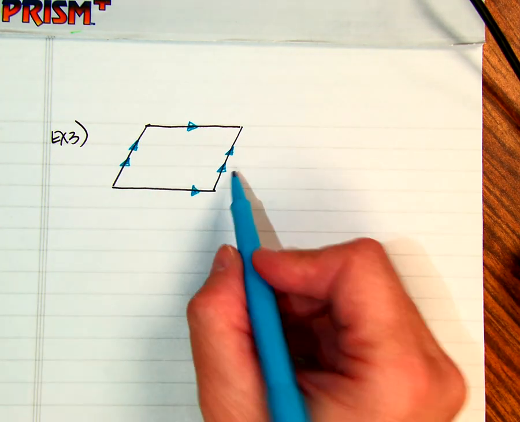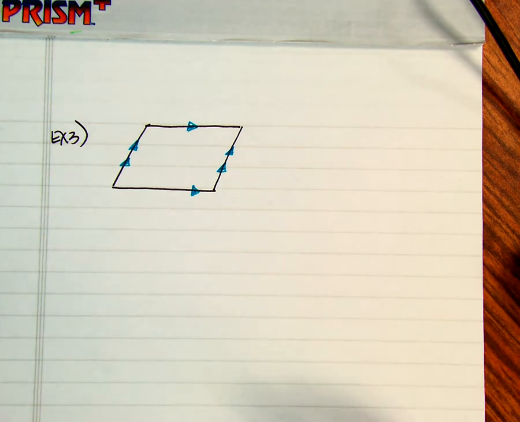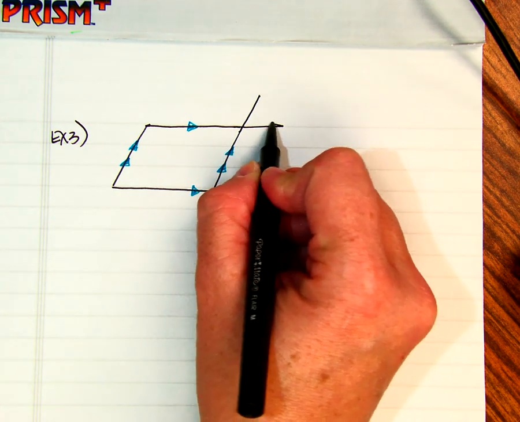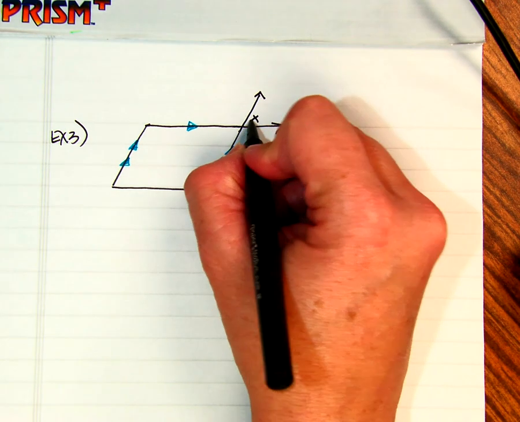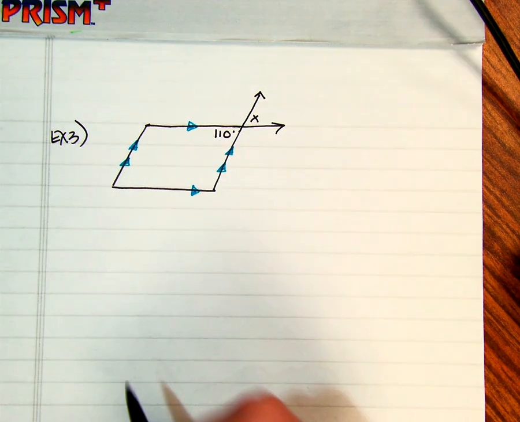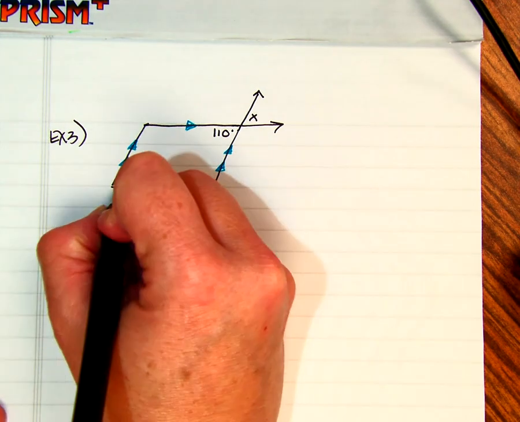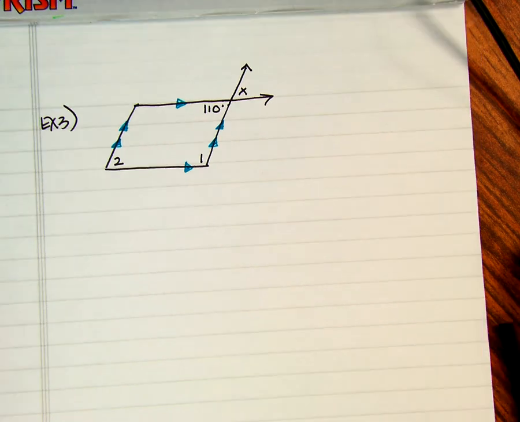These have two, so that means those are parallel. I'm going to go ahead and extend this out. This is what my diagram has on it, and we're going to make this x and 110 degrees. And this is 1 and this is 2. So we are to find the measure of angles 1 and 2.